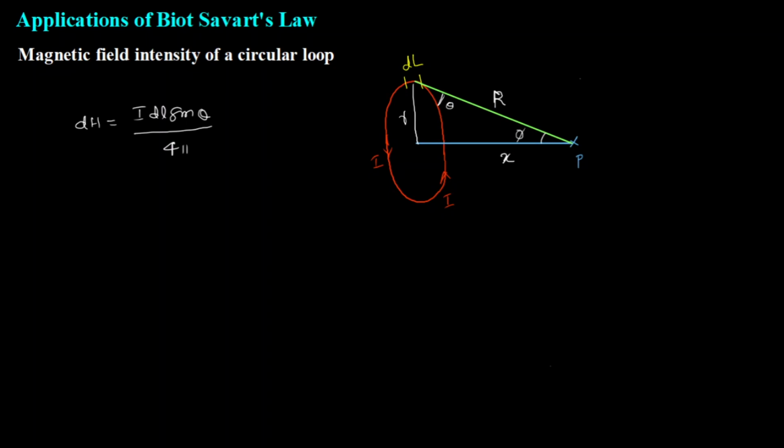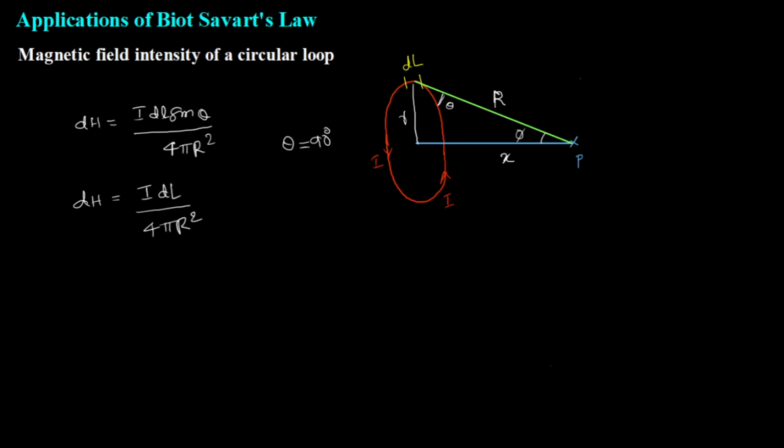This is directly lifted from the statement of Biot-Savart's law. Now we already know that the angle between the line joining the loop and the plane of the paper will be 90 degrees. So theta is 90 degrees, and sin 90 degrees is 1. So dH becomes I dl by 4 pi r square.